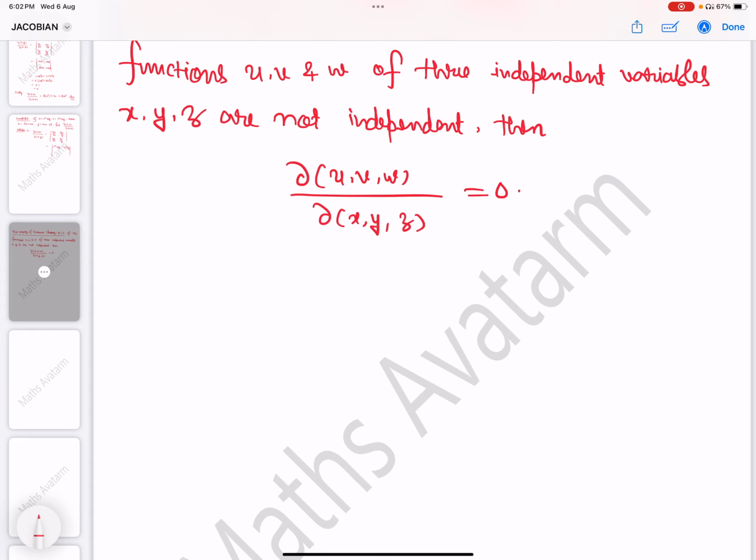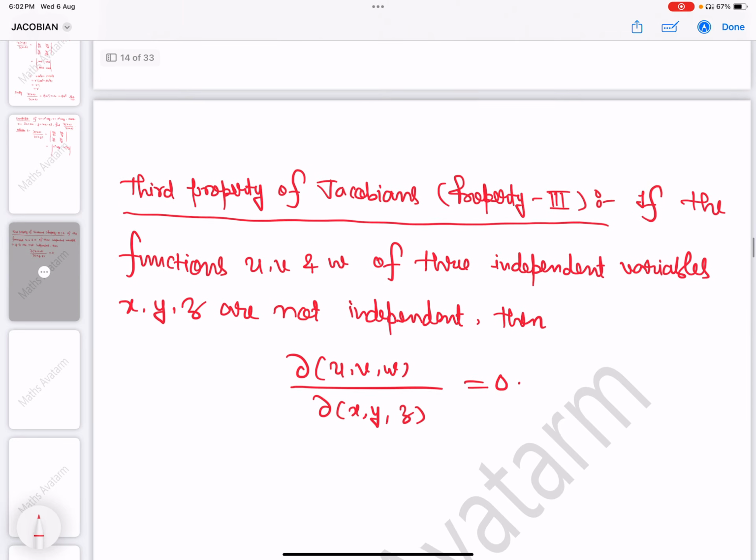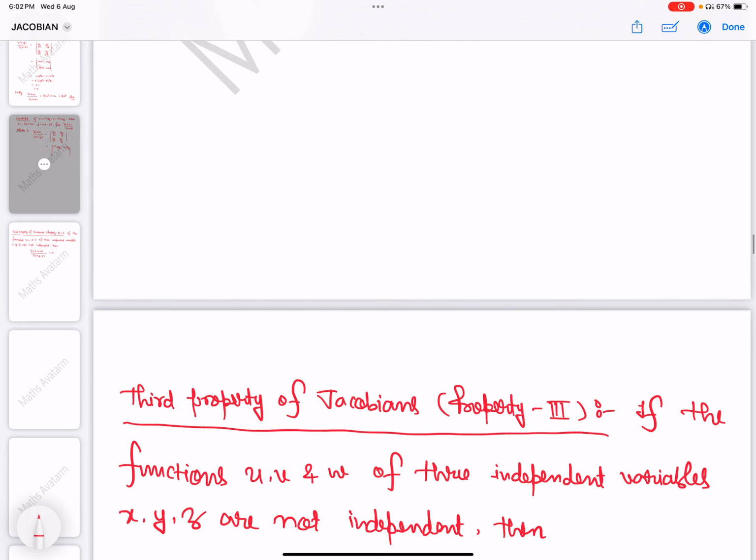Before starting this, we have to prove this, but we have to see what are the dependent and not independent functions.